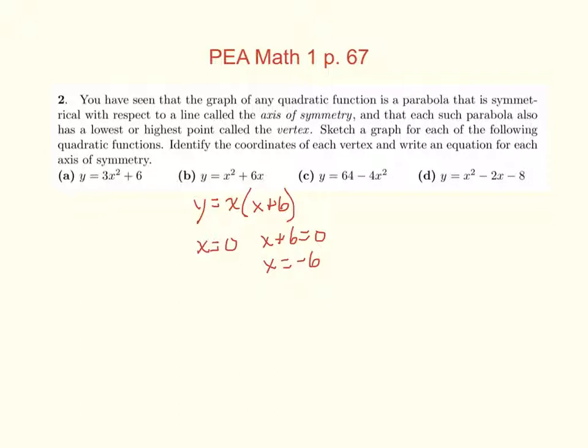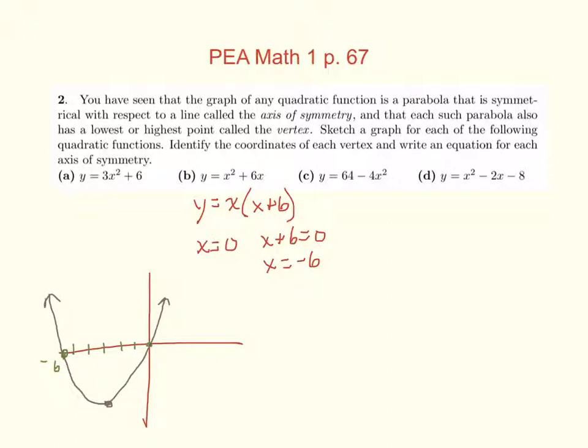So now if I graph this, I know this crosses at 0, and then x equals negative 6. 1, 2, 3, 4, 5, 6. So it's going to look something like that. Not a very symmetrical picture, but it should be symmetrical.